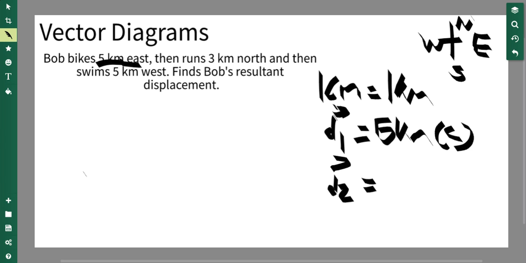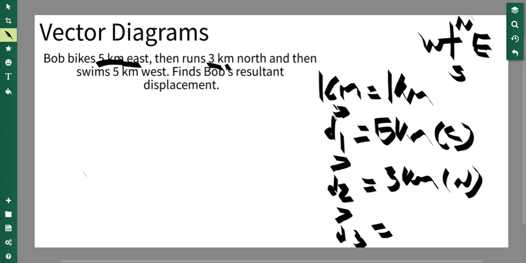D2 is 3 kilometers north. D3 is 5 kilometers west. With this information, we can find how far Bob is from where he first started.